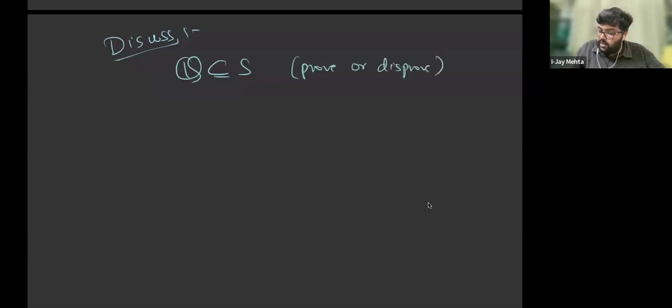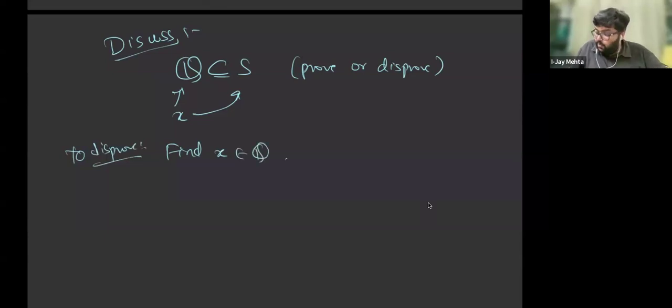If you want to prove, you will take an element from Q and show that it is in S. If you want to disprove, find X in Q such that X is not in S. Give an example, then Q is not a subset of S. If Q is a subset of S, then given any X in Q, X belongs to S.